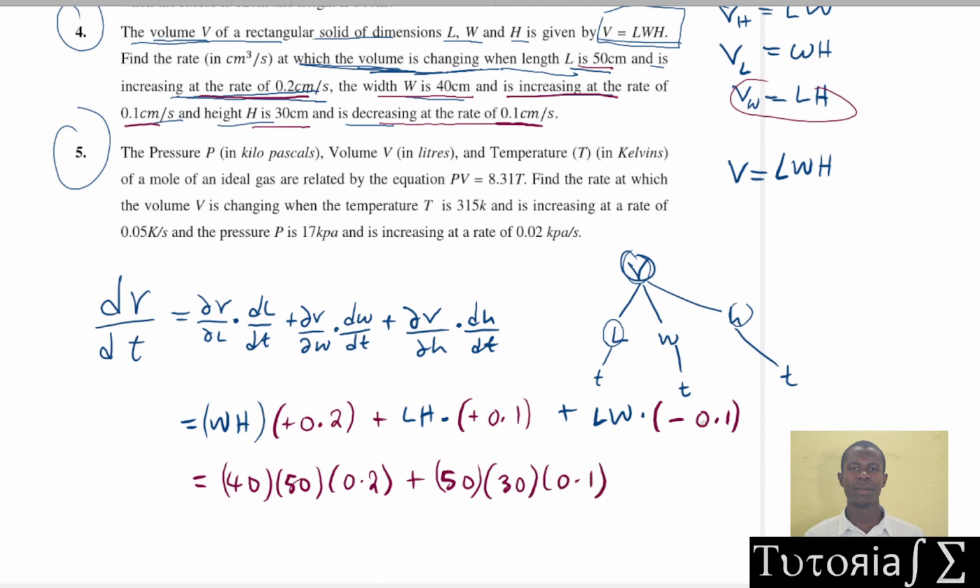So because of this negative, this would be negative L times W. L is 50 times W, which is 40. Then, since the negative comes here, we have times positive 0.1.